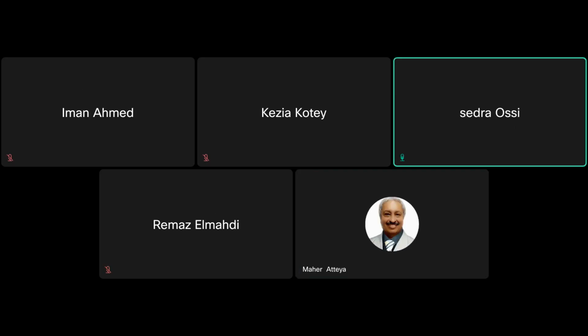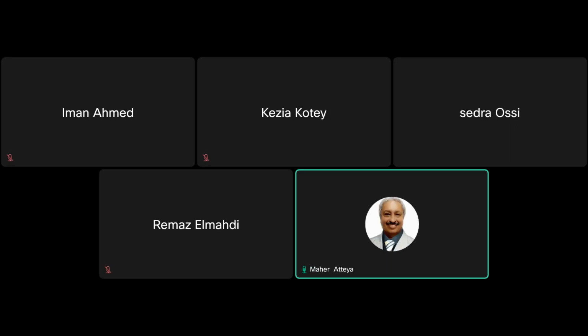Sorry, but we cannot see the screen. The screen? Okay, hold on. You get the share, Firefox, share.